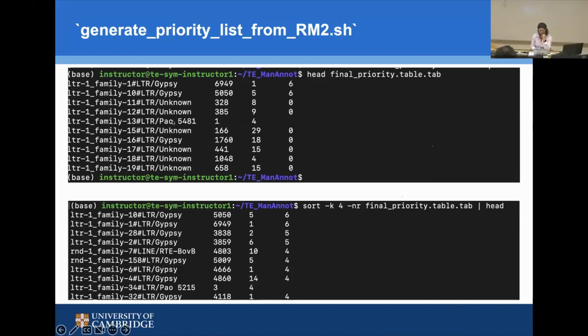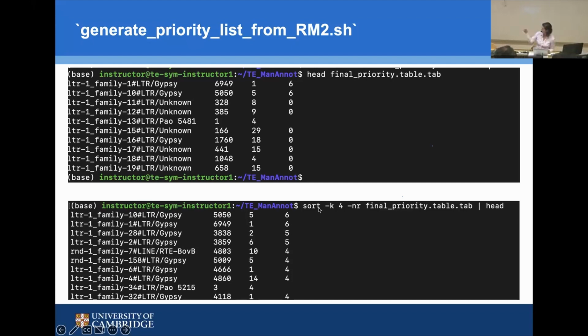So the priority list looks like this, and it has the original name of the family. It has the length. It has the number of good BLAST hits, so you can change that to whatever sensitivity you want. And it has the number of PFAM domains at the end. So we can sort that list based on whichever parameter you want. If you want to start with the longest ones, you can sort your table by the second column.